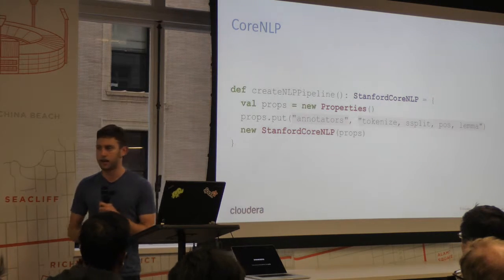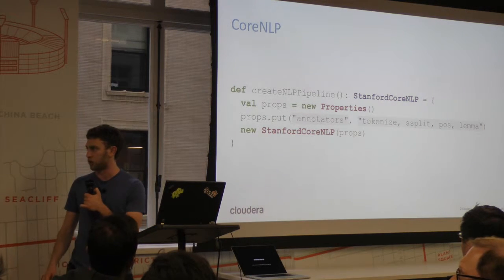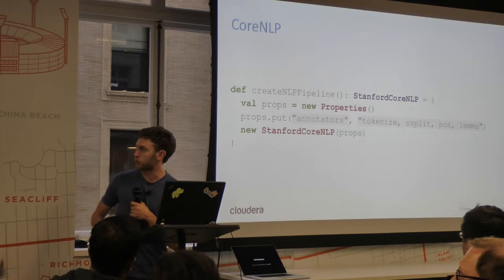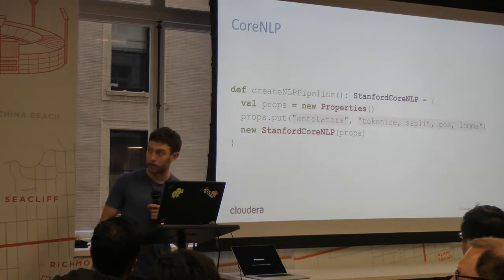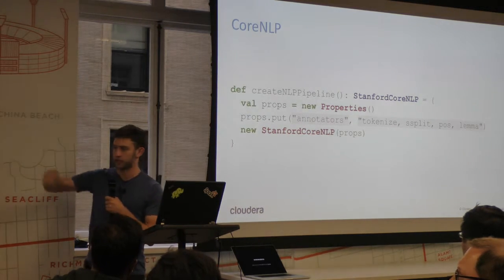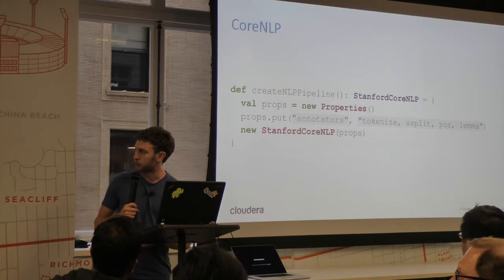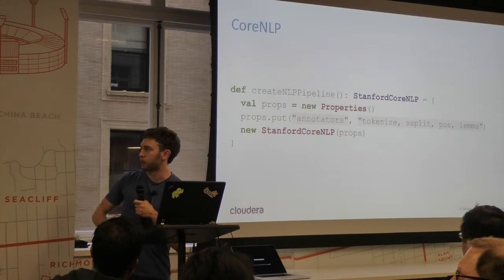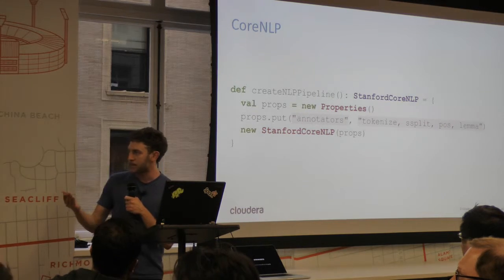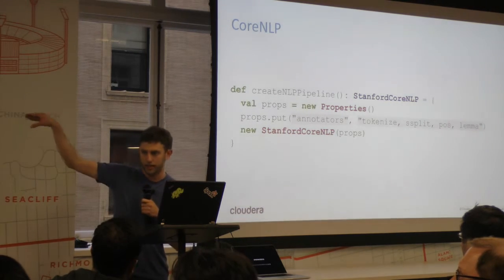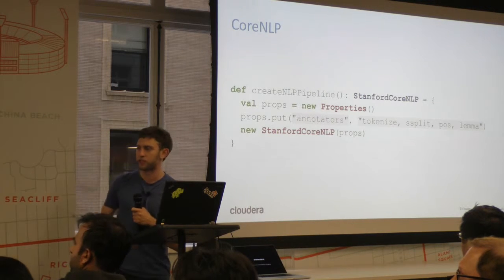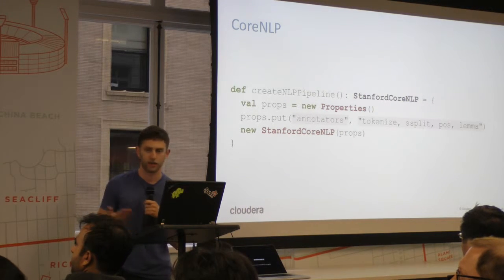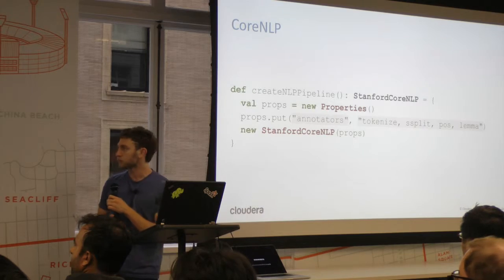There is a really nice library, the Stanford CoreNLP library, which provides this functionality. Calling it is basically as simple as this little bit of code. The way it works is you build up these little NLP pipelines, these little steps of operations that have to happen in sequence on a document in order to understand it.